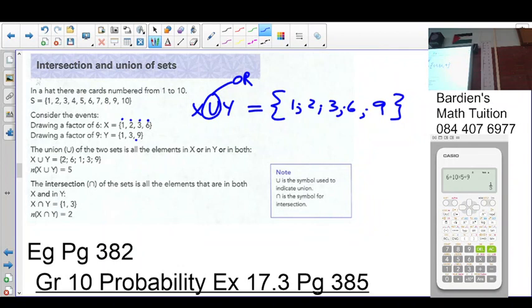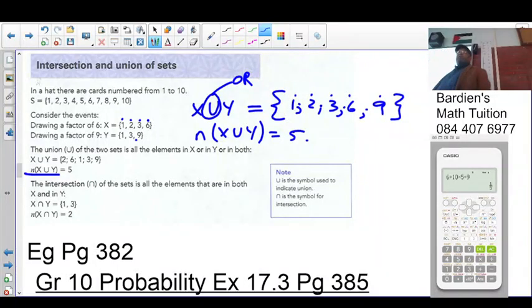Now they ask you for the number in X union Y. So how many? The number in X union Y is going to be 1, 2, 3, 4, 5. So what is the number in X? 4.